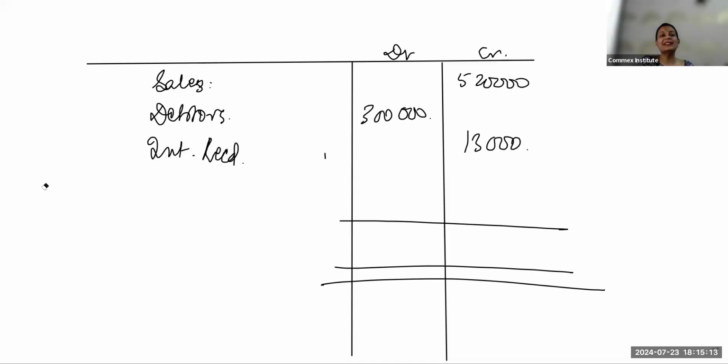I told you, trial balance matching is still not final proof that everything is in place. There may still be mistakes even if the trial balance is matching. It just shows us the arithmetical accuracy, that both sides are mathematically equal, right?